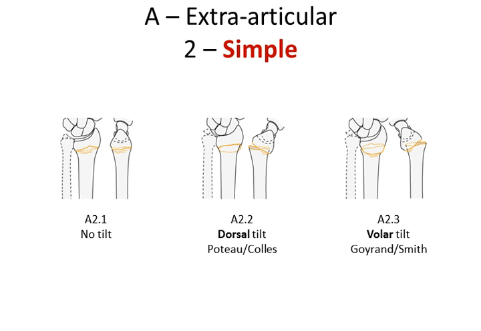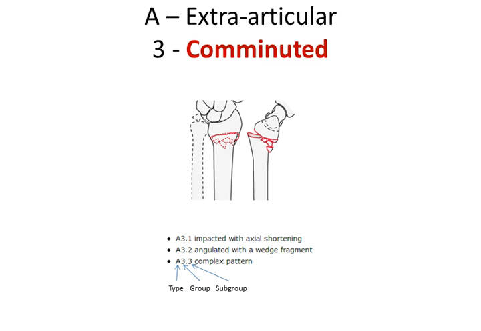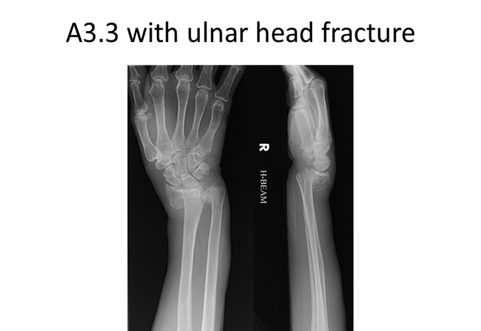All right, so then you have all the subgroups, right? A2.2 is actually like a dorsal fracture, and A2.3 is a volar tilt fracture, okay? And then A3 are the comminuted extra-articular fractures. All right, this is a case A3.3 for ulnar head fracture, right?